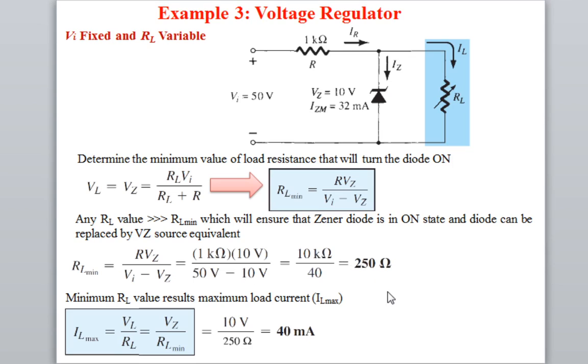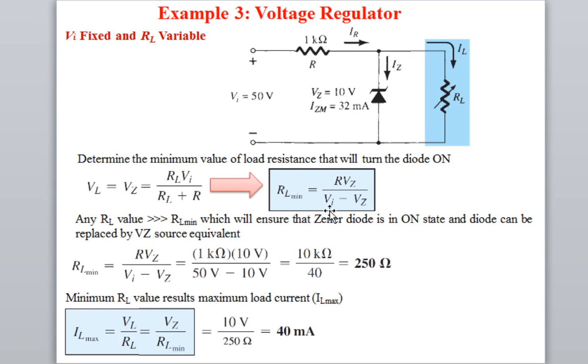What does 250 ohm mean? It means that if you choose the load resistance less than 250, let us say 249, 248, 247, 241, 234, any value less than 250, then your Zener will be in off state. But at or above 250, let us say 250, 251, 252, then your Zener diode is in on state.